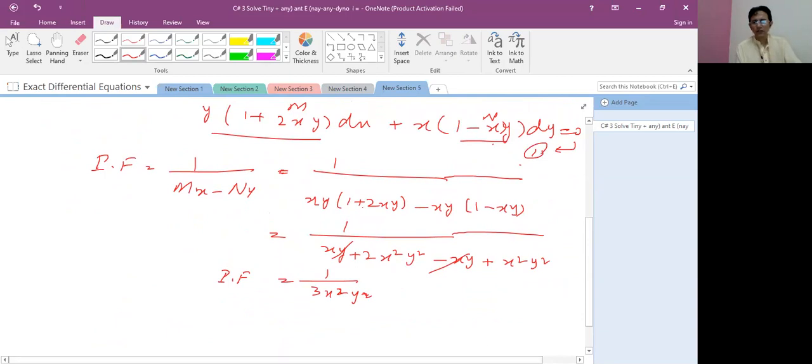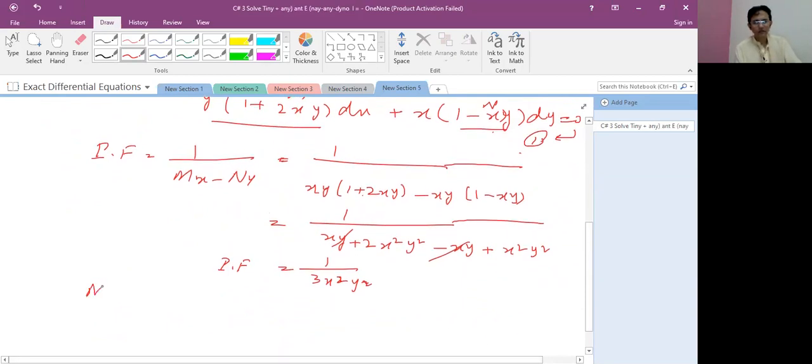Multiplying equation number 1 by the integrating factor 1 upon 3x square y square.